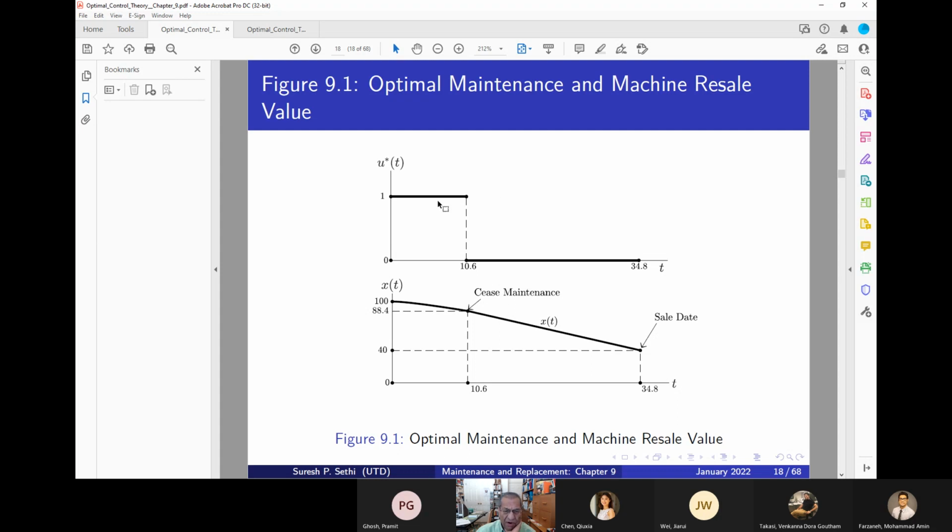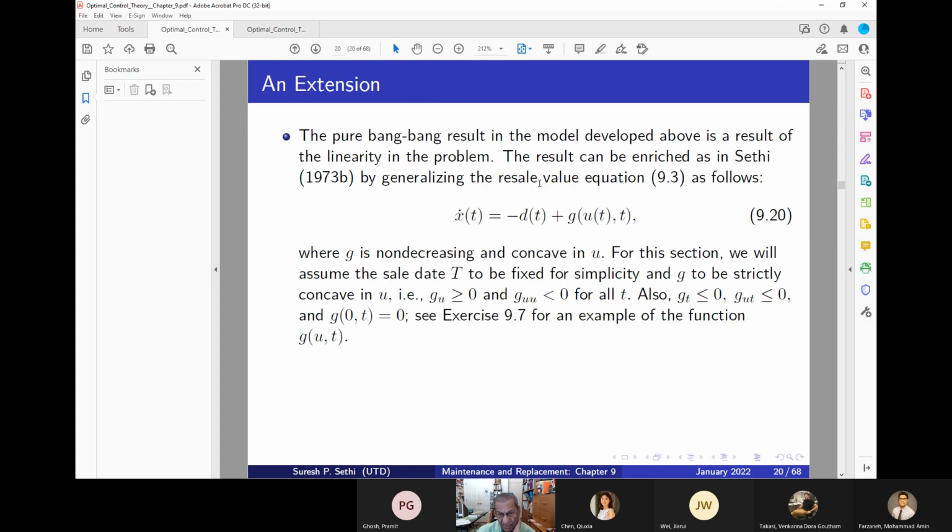Most real-life models may not go this way, because the problem is linear and maybe the world is not linear. In that case, the G function is a function of U, T, and T, and it's a nonlinear function. One can make reasonable assumptions on those functions.